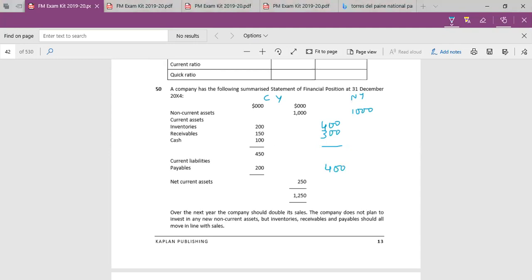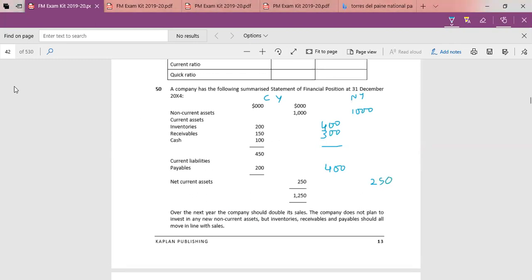Then the net current assets. There's nothing mentioned that net current assets also will be doubled, so net current assets will remain as it is, 250. Net current assets is what? It is working capital, isn't it?